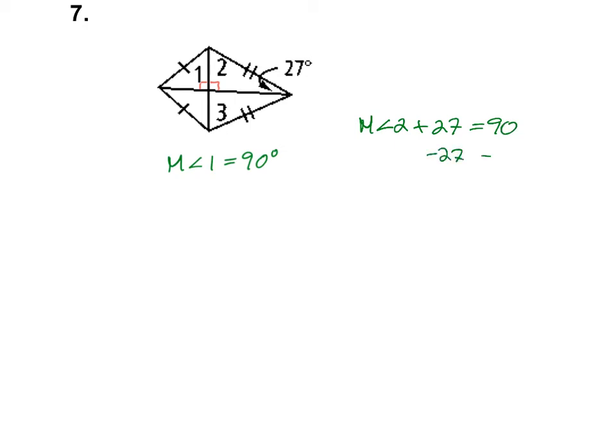So minus 27, the measure of angle 2 equals 63 degrees, as well as the measure of angle 3 equals 63 degrees. Again, this angle is also 27, this is right, so you can see that that's 63 degrees.